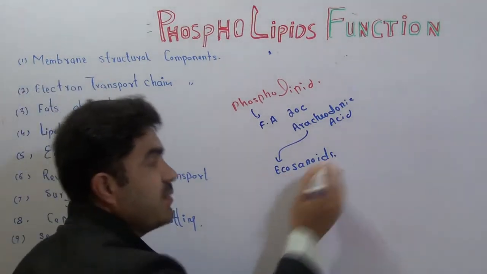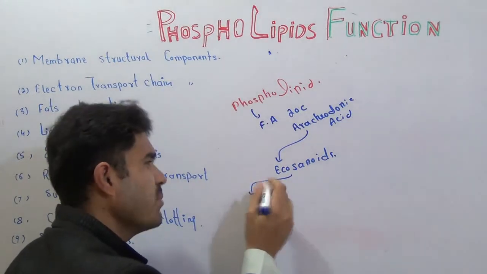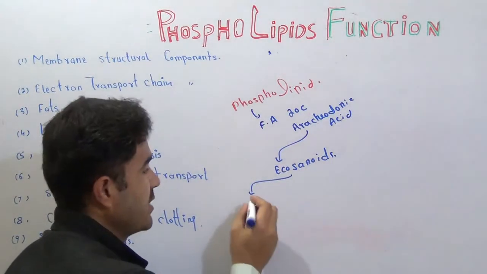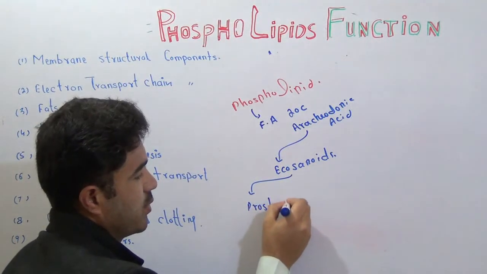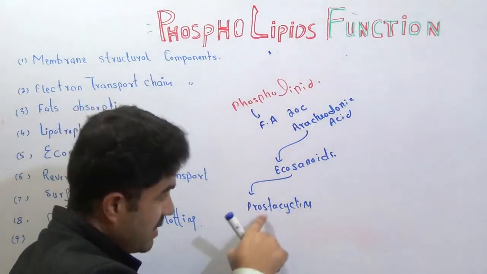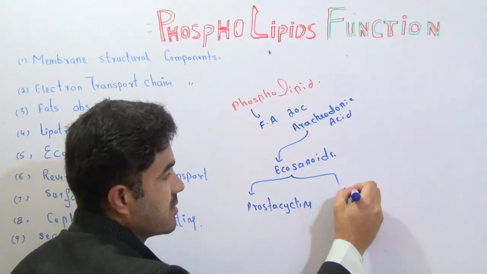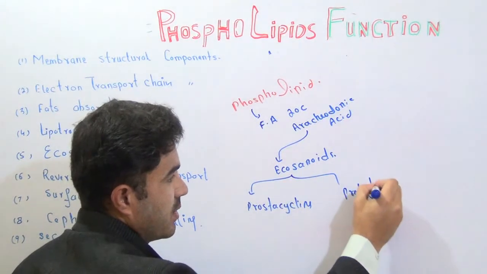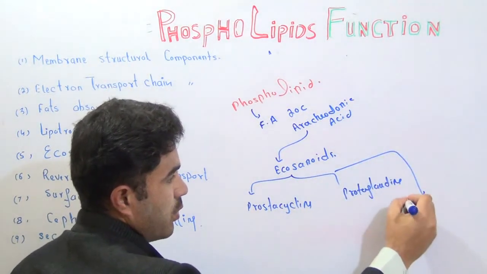They are collectively called eicosanoids. Some of the names of these eicosanoids are prostacyclins, prostaglandins, and thromboxane.